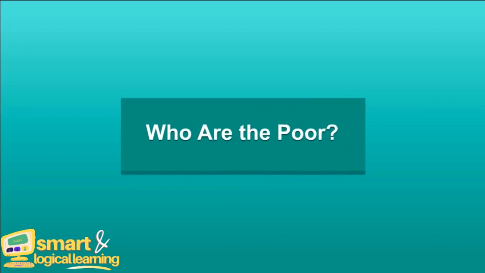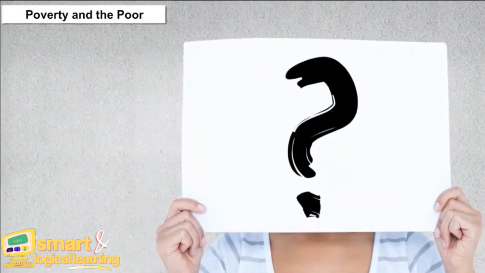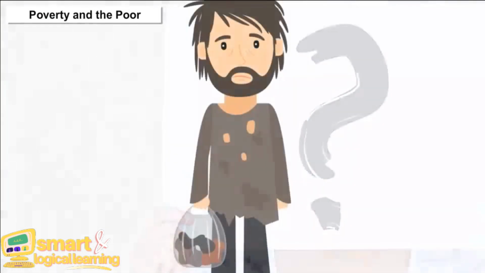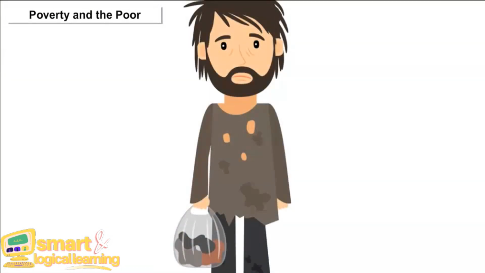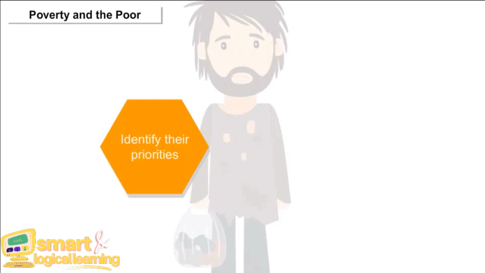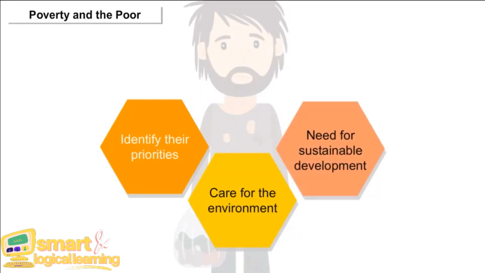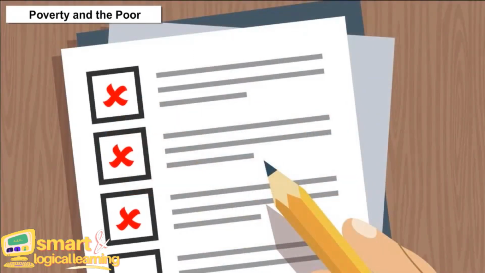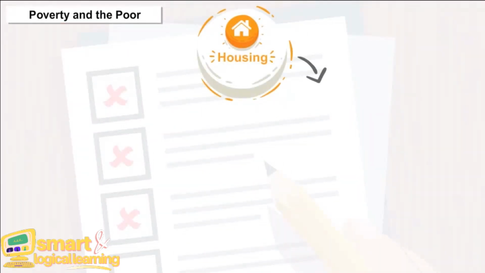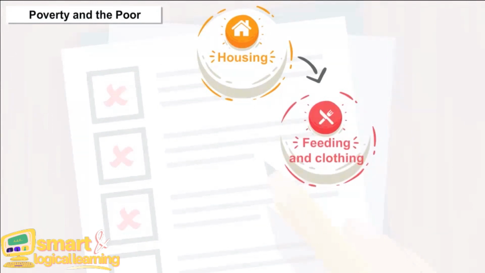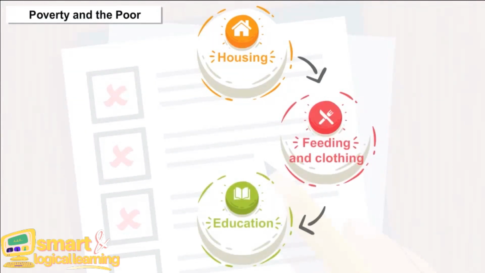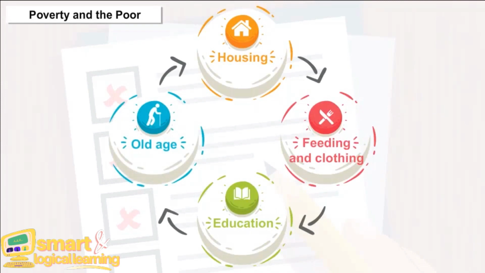Who are the poor? Poverty and the poor. When people living in poverty are asked to identify their priorities, care for the environment, or the need for sustainable development are rarely at the top of their lists. Housing, feeding and clothing the family, education for their children, and care in their old age are much more significant concerns.